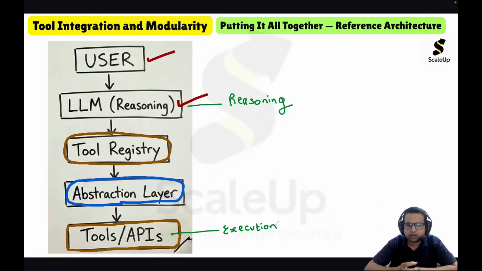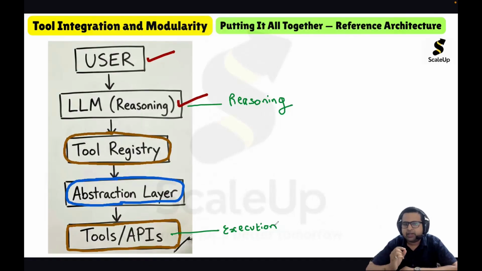You can replace a tool, and if you're replacing a tool, nothing will happen to the core agent logic. So this is what modularity and tool integration is. Very easily we can swap a tool, we can add a new tool. That is possible.